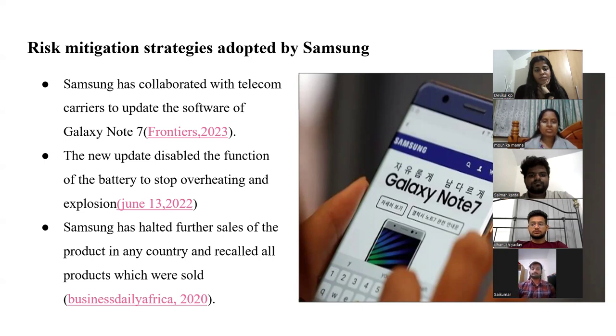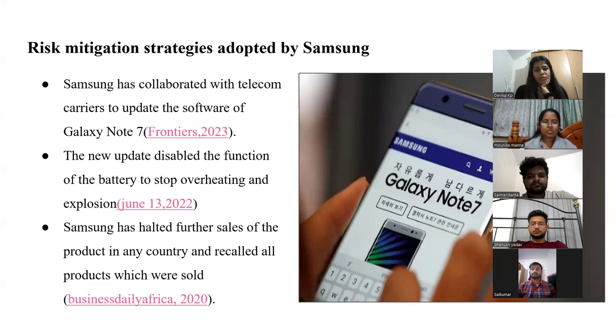While the US-China trade war and the patent issue between Apple and Samsung remain a concern for Samsung, the company implemented effective strategies to mitigate other challenges.